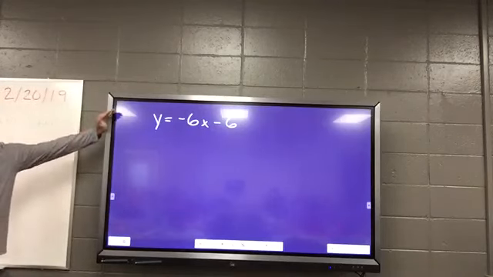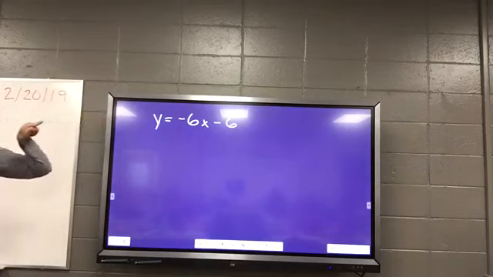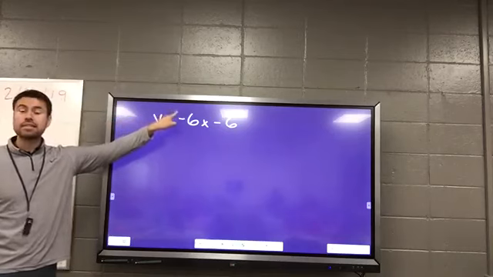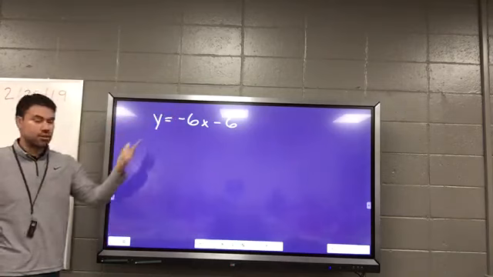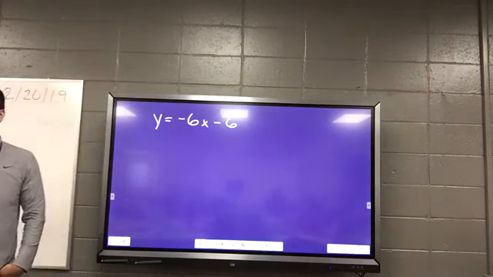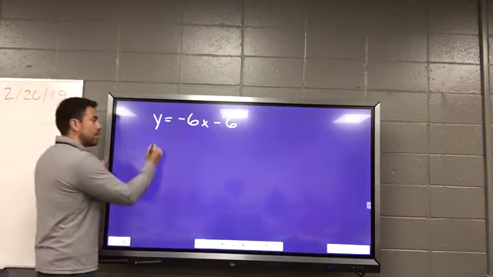Write the equation of a line parallel to this line. Did they give me a y-intercept? No, I don't have one. So you can make up your own y-intercept, because that's why it's so easy. But what has to be true about your equation?